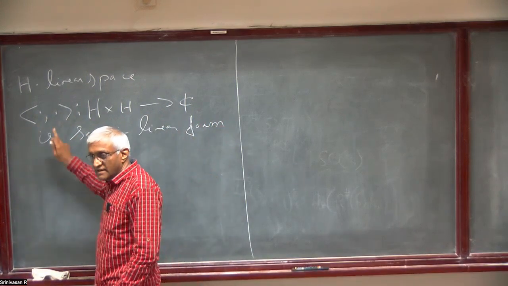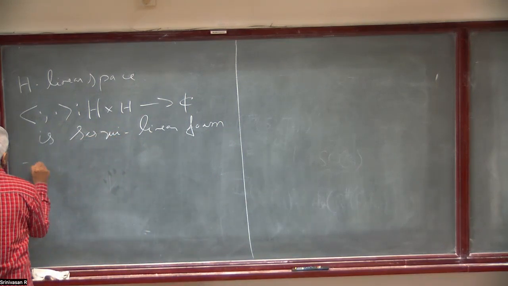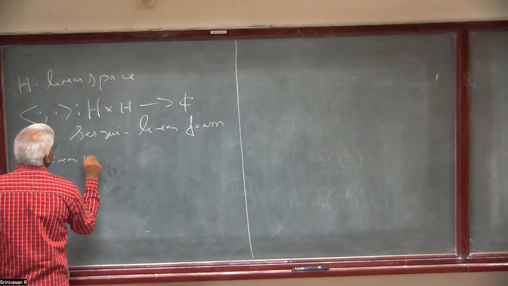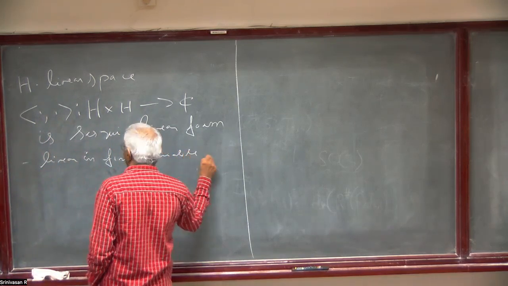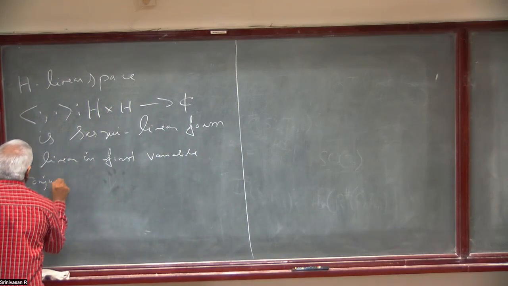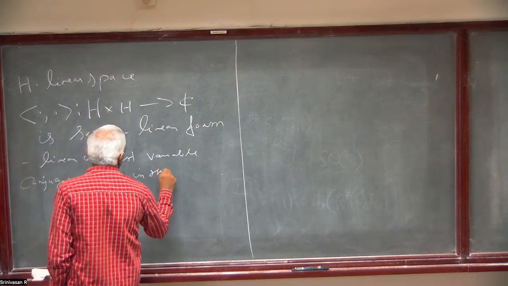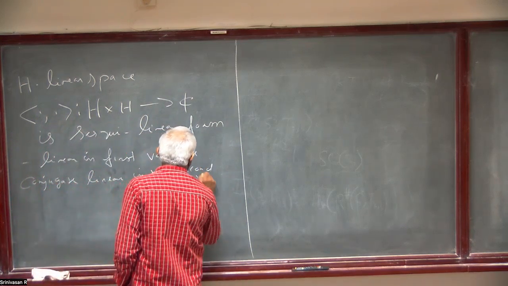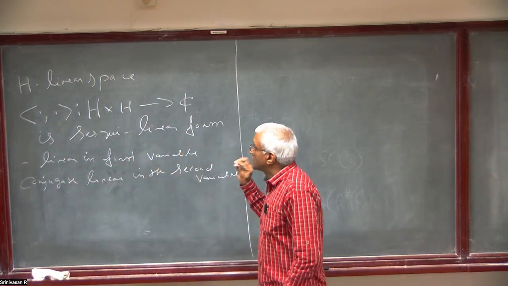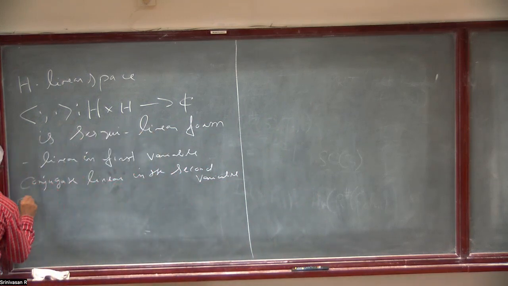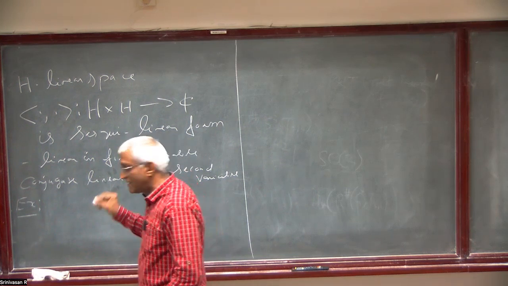If it is linear in the first variable and conjugate linear in the second, I hope you know what I mean. So this is the exercise: use this linearity and conjugate linearity to verify the identity.